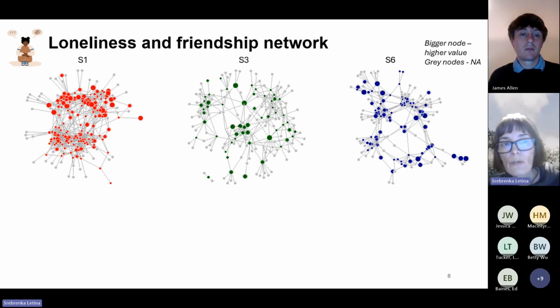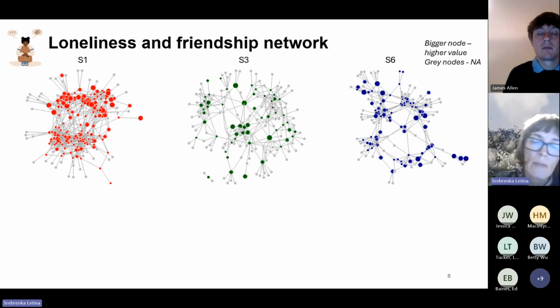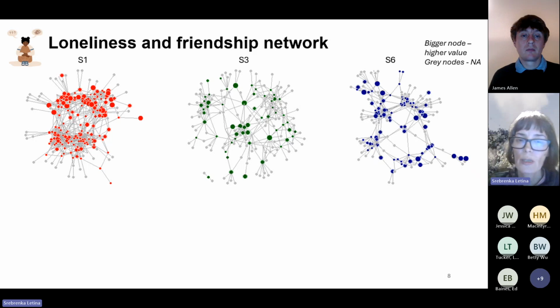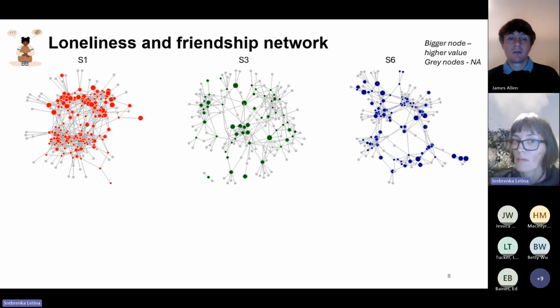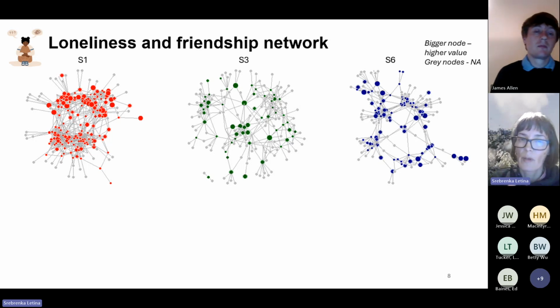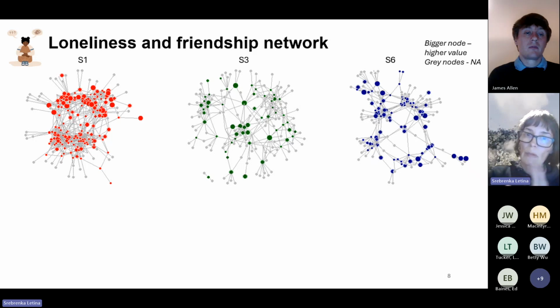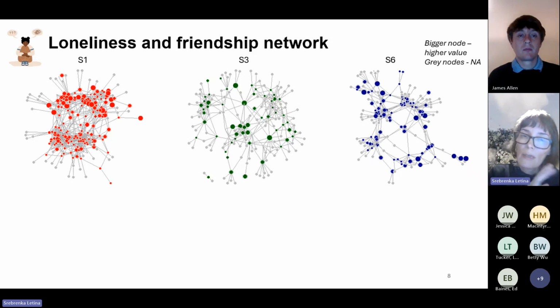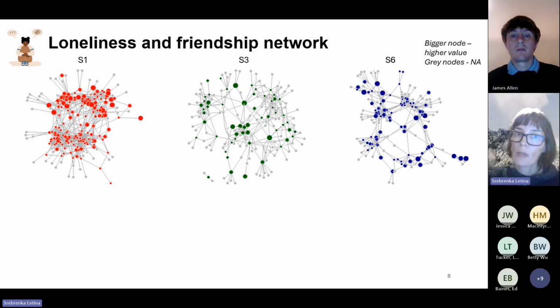So you can then try to figure out, is there some relation here between position in the network and their loneliness score? Maybe there is some relation. And this type of approach to looking at the relationship between network and some outcome is called positional. Is there some relation between where I am in the network and my outcome?